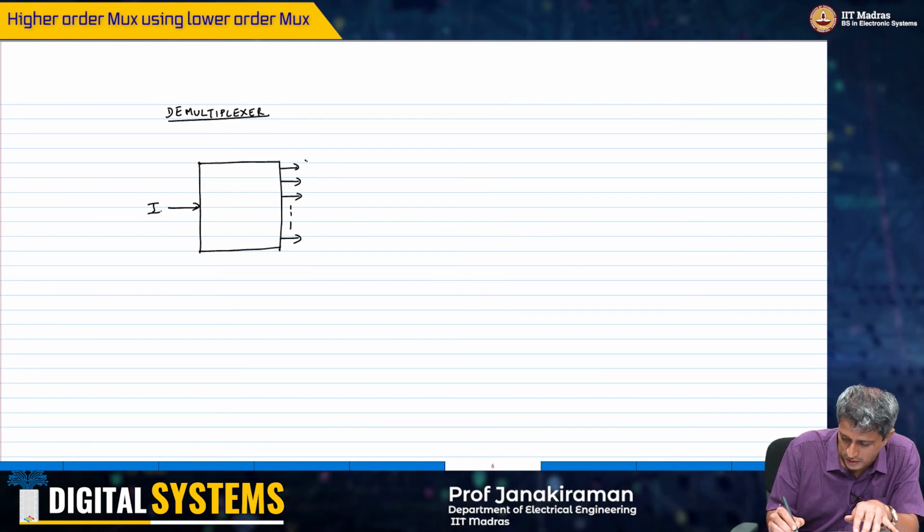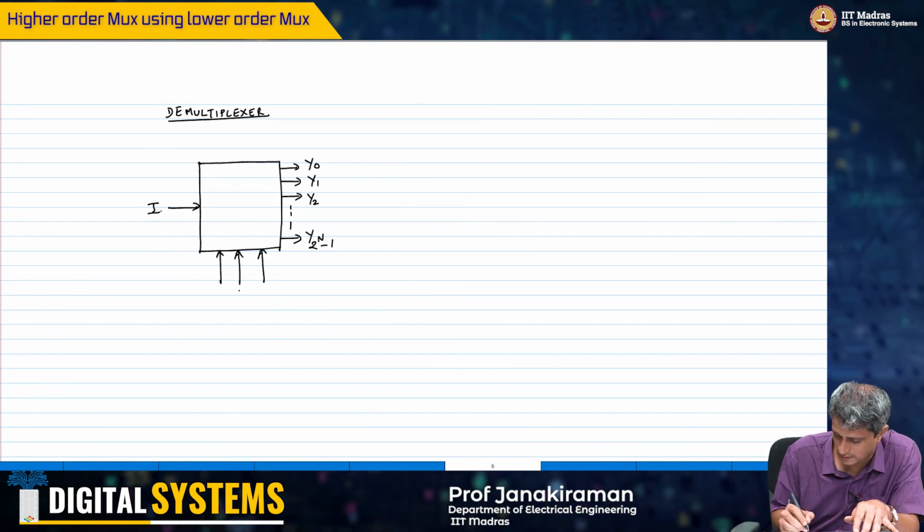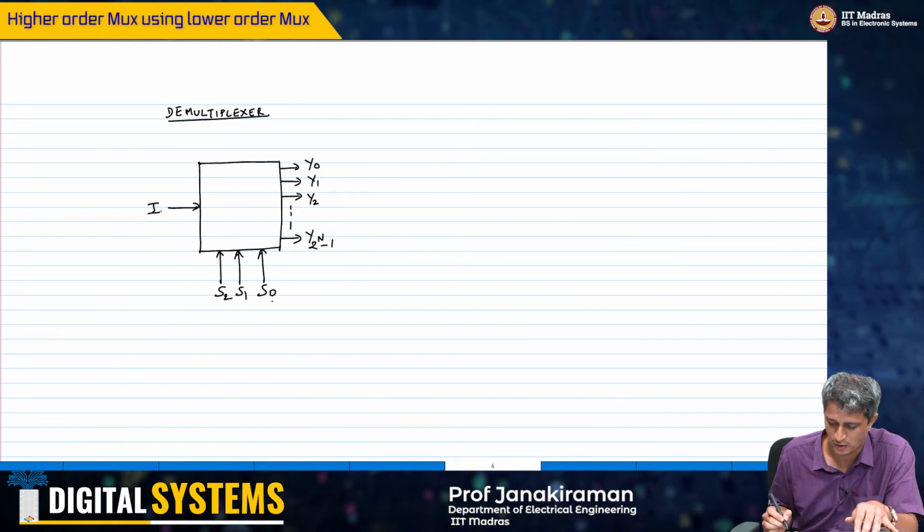So, these are y0, y1, y2, all the way to y2 power n minus 1, and I have select lines like this.